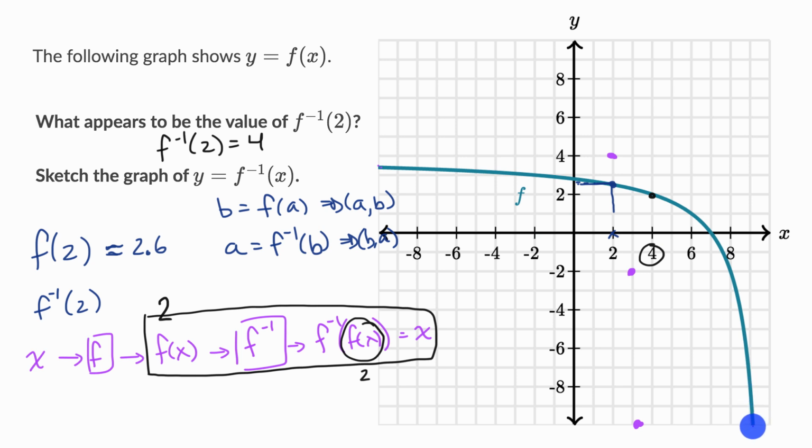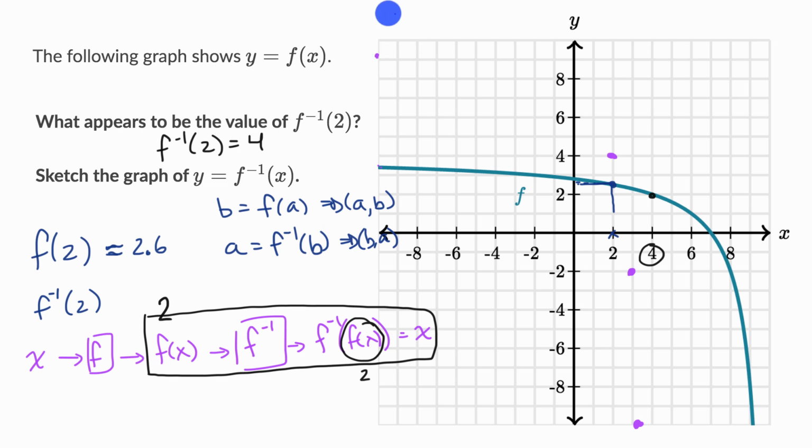And then if we look at this point over here, which looks like roughly 9, negative 10. Maybe it's 9.1, negative 10. If that's on the graph of f, then if we swap that, negative 10 comma maybe 9.1 would be on the inverse. Negative 10, 9.1 right over there.